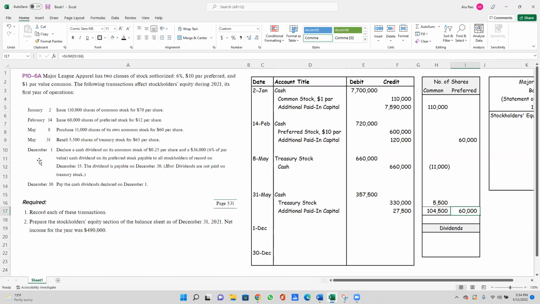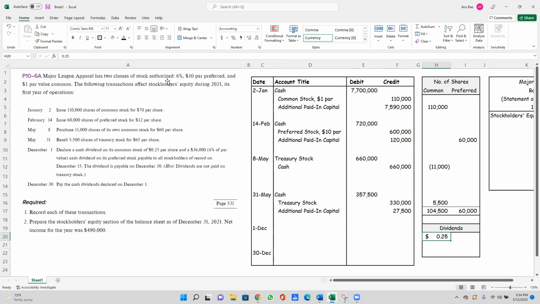Now let's see on December 1st what we're doing. We declare a cash dividend on our common stock, $25 per share. And we are paying dividends on our preferred stock. They've told you it's 36,000. I'll show you how they come up with that calculation. And they've also given us a hint over here. I'll get back to that in a second. So to start with, we were given this number, common stock, the dividend is 25 cents per share.